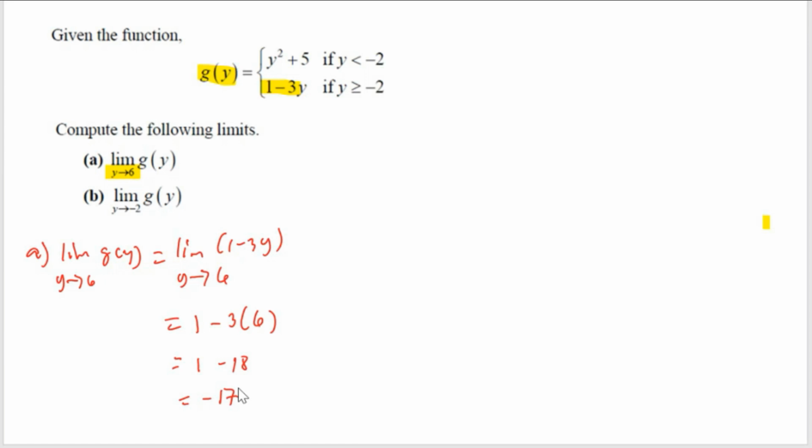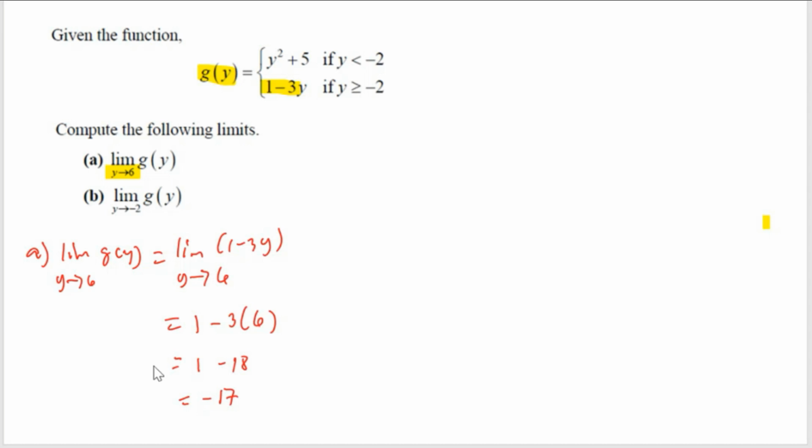Okay, now for letter B, which equation are we going to use if y approaches negative 2? For letter B, class, we're going to remember the one that we studied on the one-sided limits.